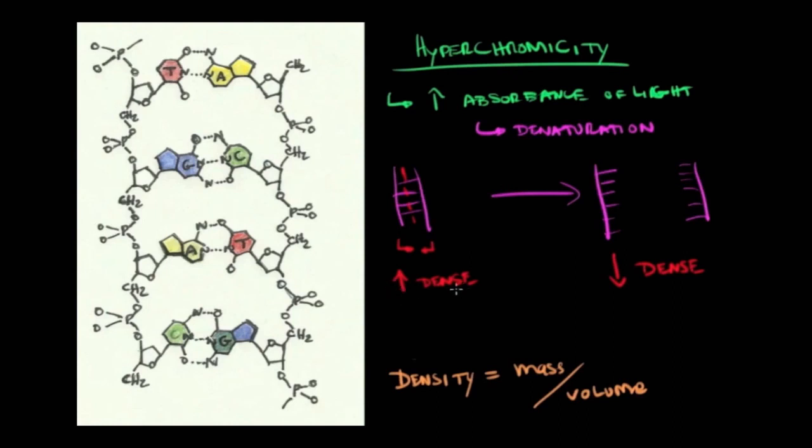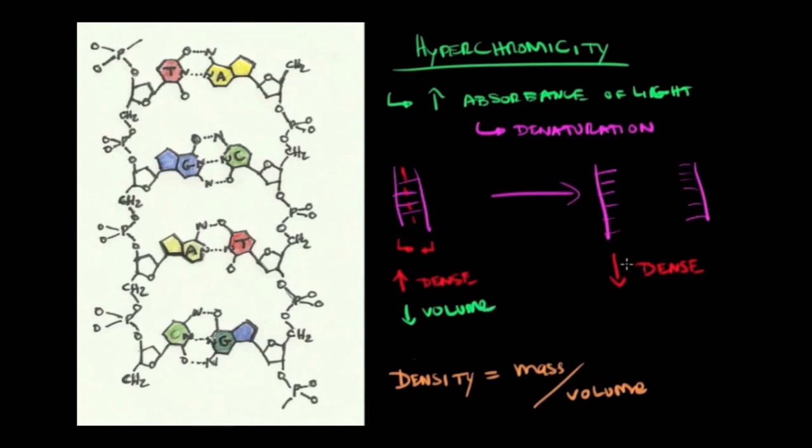Okay, so when I have an increase in density, and I still have the same mass in the solution because I'm not altering the mass, I only have to change my volume here. In order to have an increase in density, I am going to have to decrease my volume.